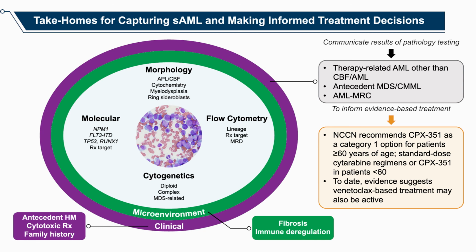Currently, the NCCN guidelines recommend CPX-351 as a Category 1 therapy for patients older than 60 years of age, standard dose cytarabine regimens or CPX-351 in patients younger than 60 years of age. To date, evidence suggests that venetoclax-based treatments may also be active in this disease subtype.